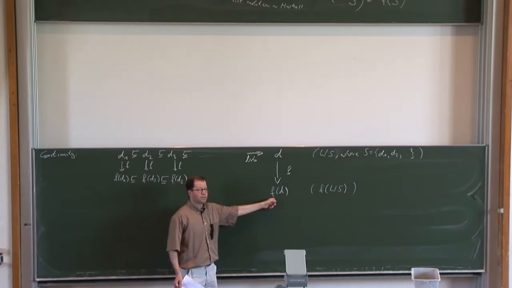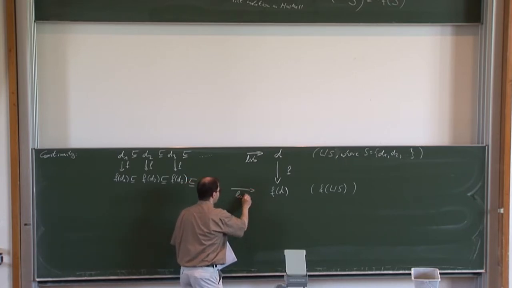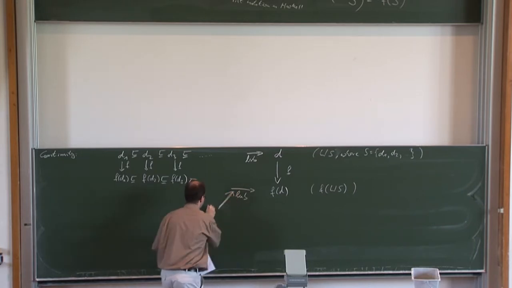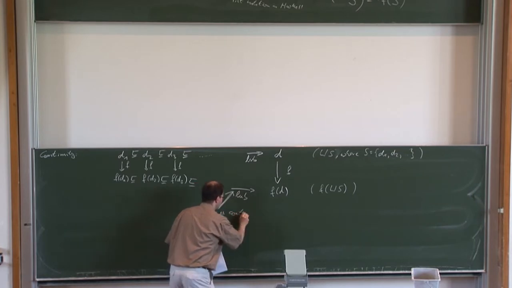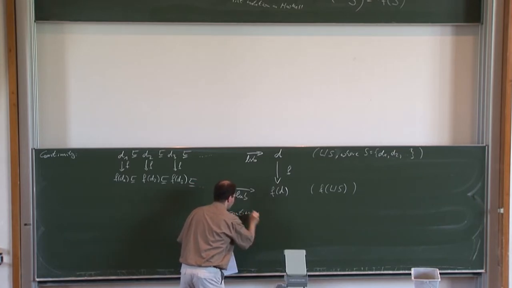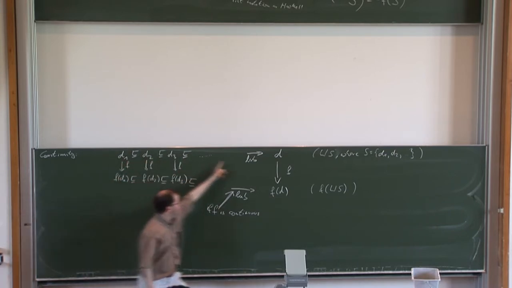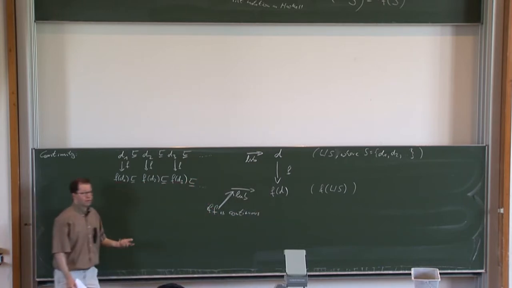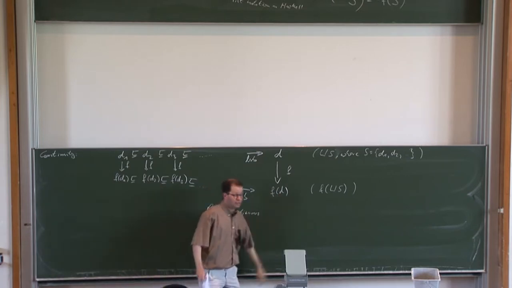If F is continuous, then it is the same. So then you can build here the least upper bound and arrive here again. So this only holds if F is continuous. So if F is continuous, then it doesn't matter whether you first apply the least upper bound and then apply F, or whether you go in the other direction, you first apply F and then build the least upper bound.